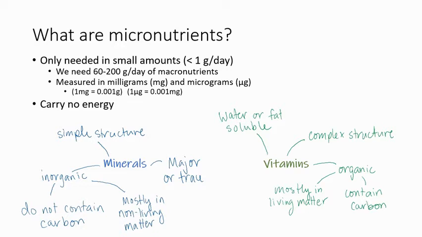Fat-soluble vitamins, they dissolve in fat, and we actually store them in our fat as well. So if you have too much of a fat-soluble vitamin, you actually store it in your organs in that fat. Vitamins are organic, so they do contain carbon and hydrogen, and they are mostly coming from living matter, from living organisms.